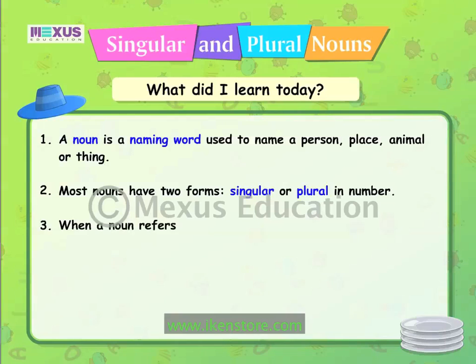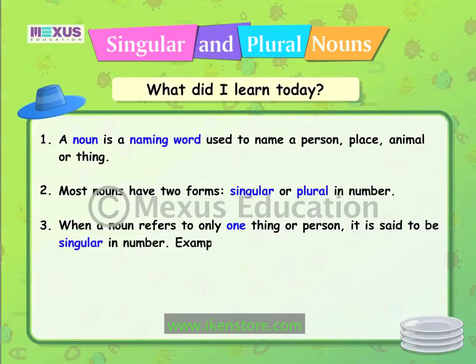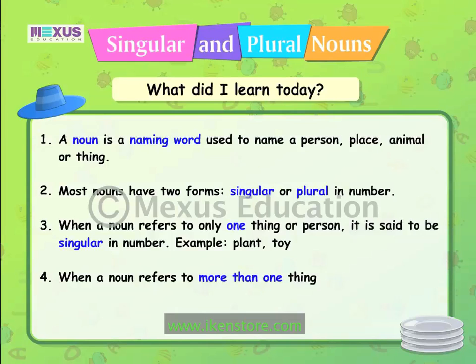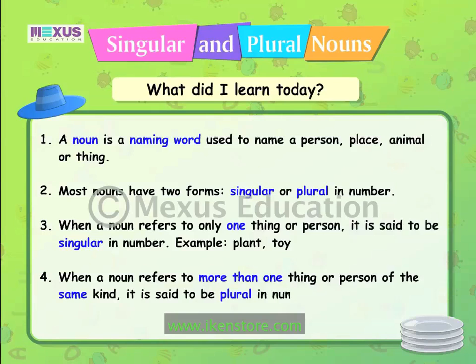When a noun refers to only one thing or person, it is said to be singular in number. For example, plant and toy. When a noun refers to more than one thing or person of the same kind, it is said to be plural in number. For example, plants and toys.